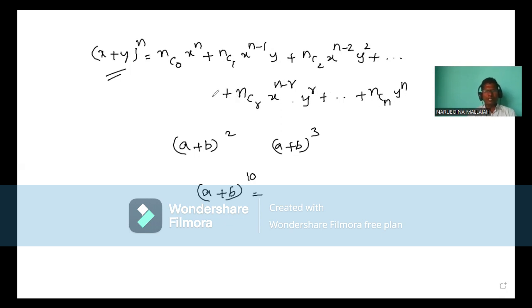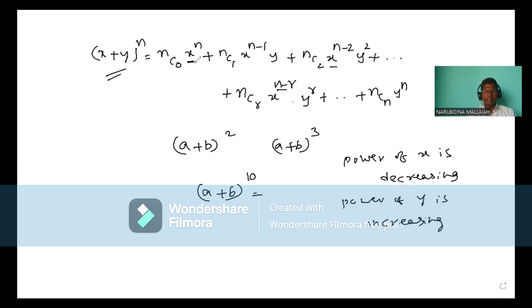If you carefully observe here, the power of x is n here, after that n minus 1, after that n minus 2, next n minus r. In this way, the power of x is decreasing and the power of y is increasing.